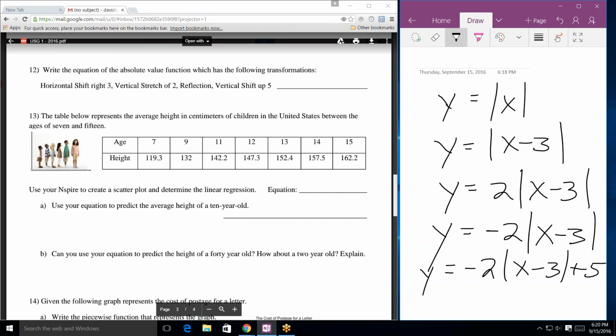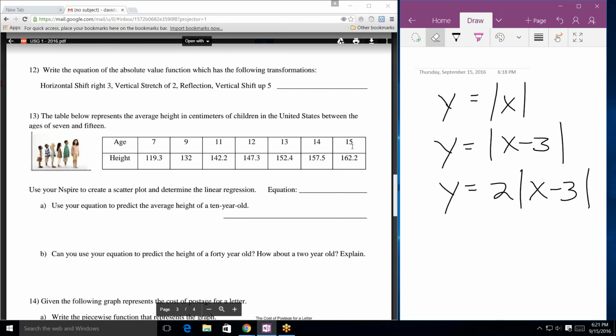If I really did want to reflect about the y-axis, then this second step here would not be that. It would be the following. Let's say their instructions said reflection over the y-axis. Well, now I've got to put the negative sign inside the function, and I've got to put everything else in parentheses like that.